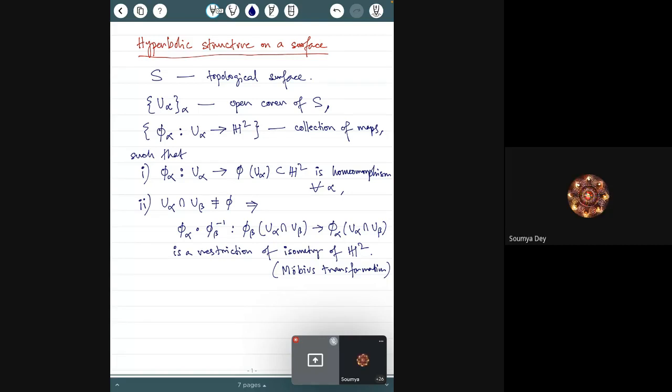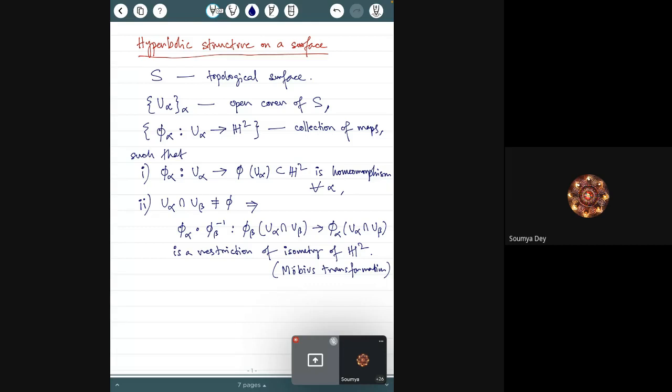For that, I think the condition on the surface is that the Euler characteristic should be negative. Krishnenduda, what is the condition? I think that is the condition, right? If the Euler characteristic of the surface is negative, then we can have such a hyperbolic structure.